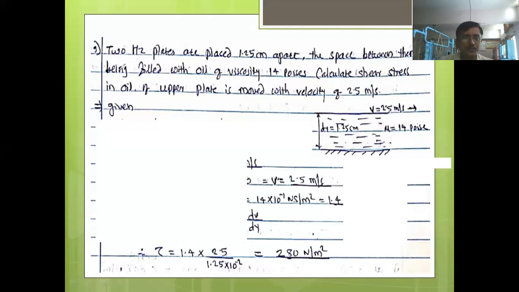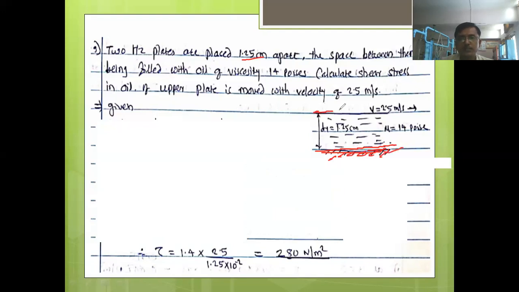So let us read first what is given. Two horizontal plates are placed 1.25 centimeter apart. There are two plates. Say this is one plate, this is the surface, and this is another plate.